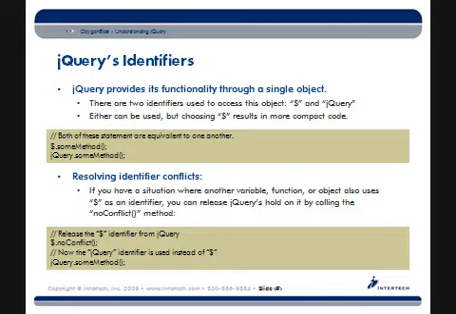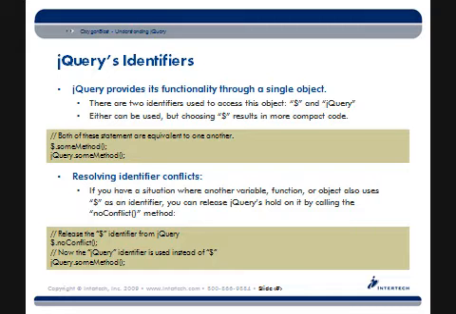Both of those identifiers access the same object. You can choose whichever one you want, but obviously if you use the $, that's going to result in more compact code. You'll see two examples here where I have a $.sum method and a jQuery.sum method. They're exactly the same. They're going to call the same method. It's just whatever you choose.